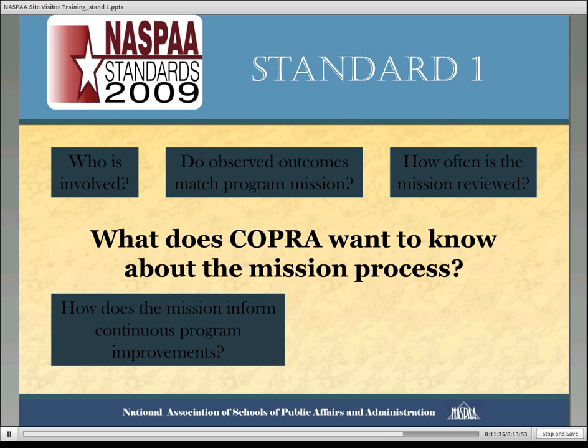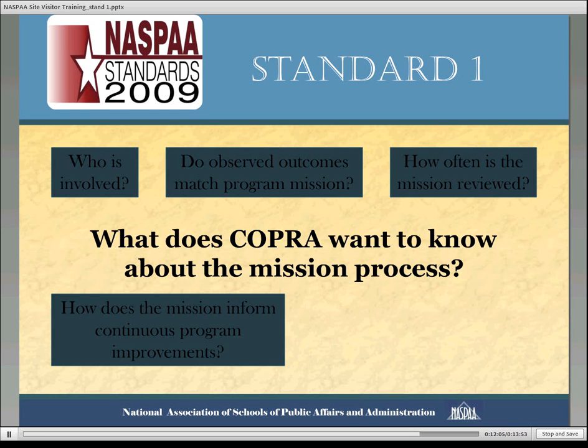You're looking for how changes that occur in the program are informed by the mission. You're looking for a sort of mission-driven, strategy-driven program that the faculty, administrators, and others are mindful of a mission and take it into account when they make decisions about what changes to make based on data they're collecting and needs that they want to serve.